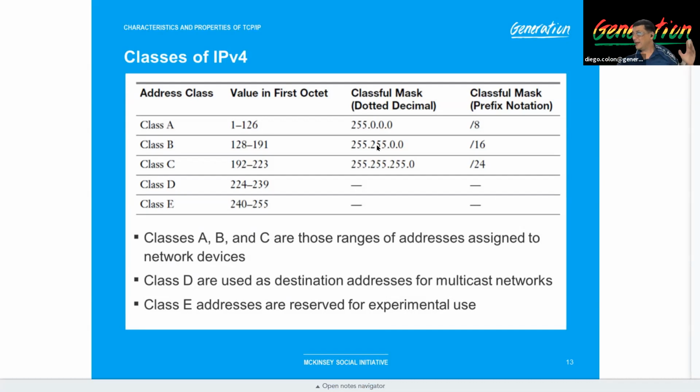A class A neighborhood is equivalent to a metropolitan area. A class C is like a little cul-de-sac, small, with only 256 possible choices, of which you lose 2, one for the host and one for the network. So technically you only have 254 houses in that neighborhood.